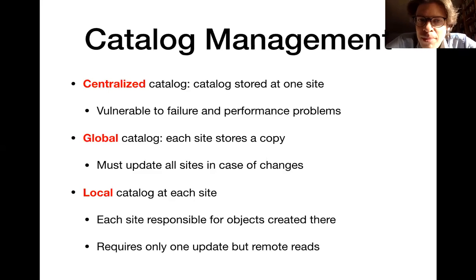Perhaps the natural choice is to have a centralized catalog. That means there's one dedicated site which takes care of keeping track of where data is stored. So everyone who wants to know where to find the data they're looking for sends a request to that specific site. As you can imagine, the big problem here is that the whole system becomes very vulnerable to failures of that single site.